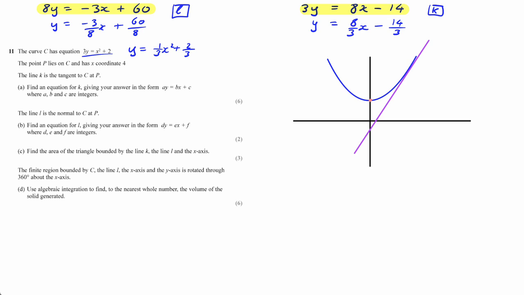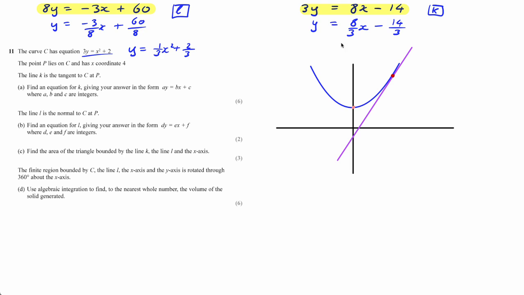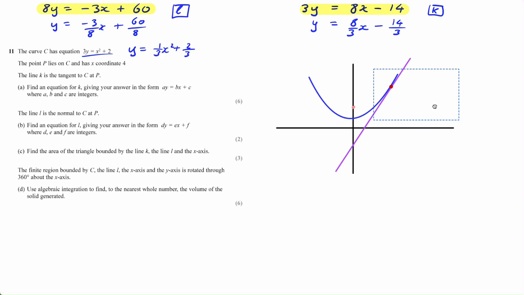But what's important is this point here is where the normal is going to be. Okay, guys, I'm going to have to bring all of this a bit to the left, and I'll bring it down here, because now I have my normal. So this is my k, and my normal will go through this at a right angle like this.